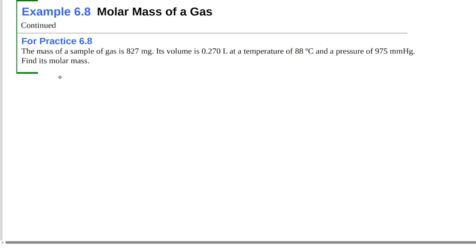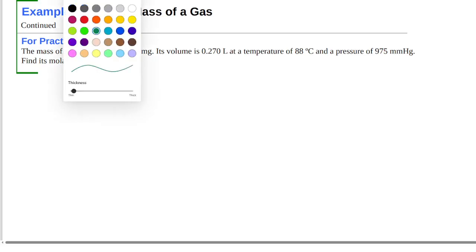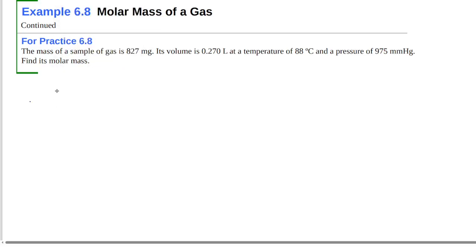Okay, so first we'll go ahead and convert the mass to the correct units for this problem. So 827 milligrams, we divide by 1,000 to get 0.827 grams. Now we have our mass in the correct units. Next we'll convert the pressure.